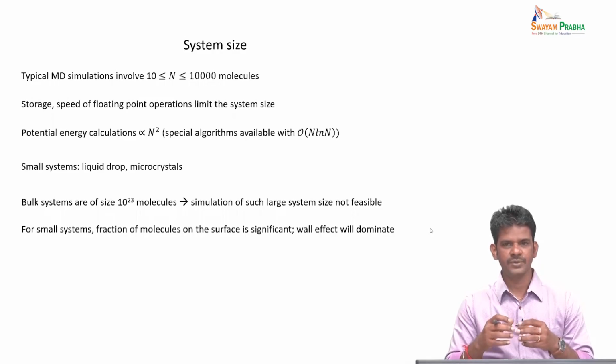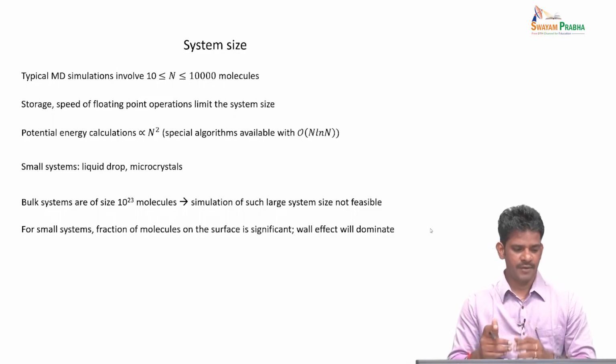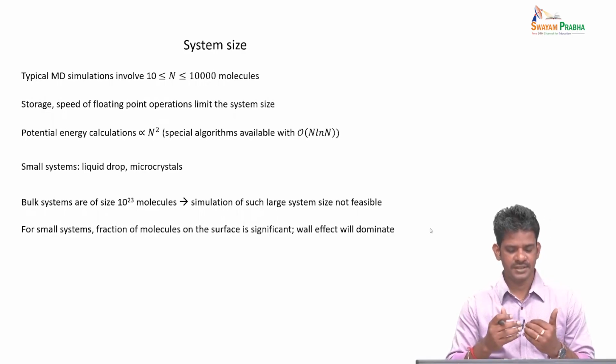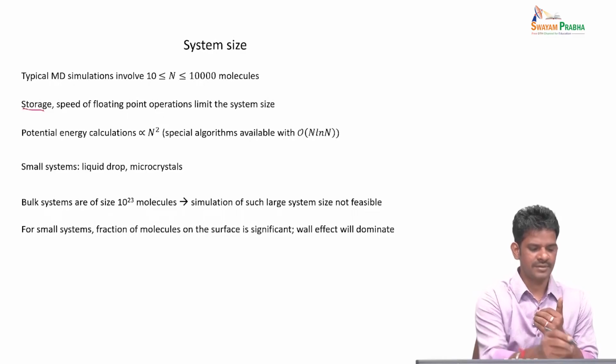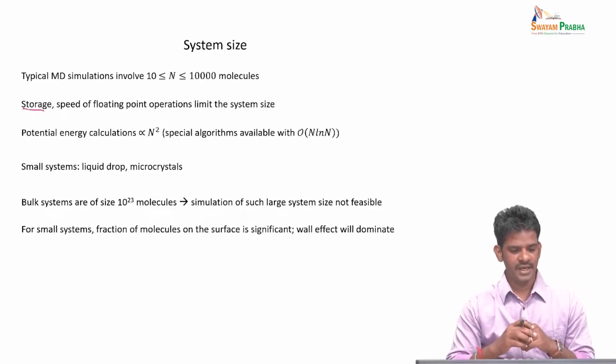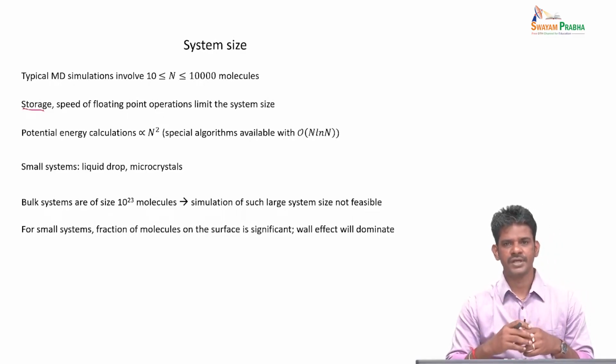The reason why we use such a very small number of particles is because the system size is based on what storage is available in our computing system, and also the speed with which we can do floating point operations in the computer. So based on these storage and speed limits, we are limited to a very small system size.